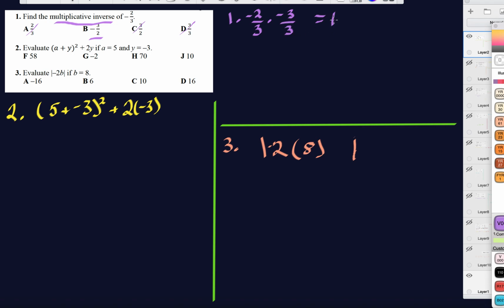All right, so negative 2/3, and I'm going to show the answer on the other side. Negative 2 times negative 3 is positive 6. And then, oh, geez, Louise, look what I did. I made a mistake already.